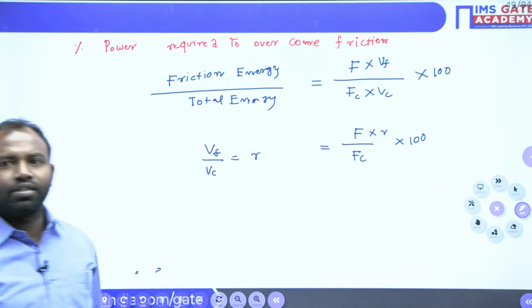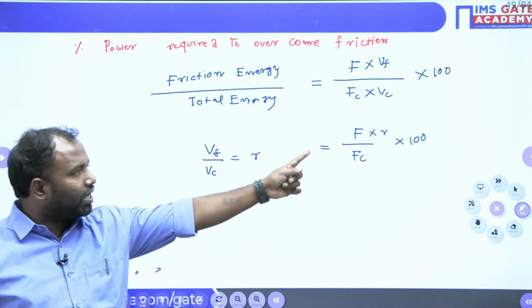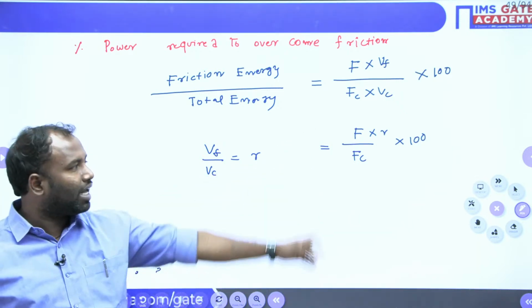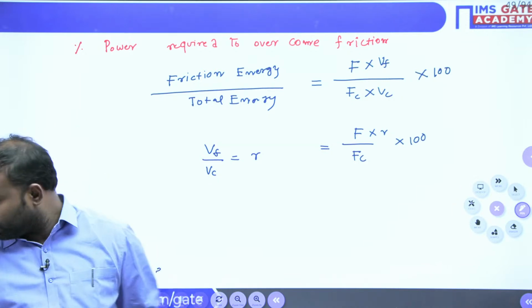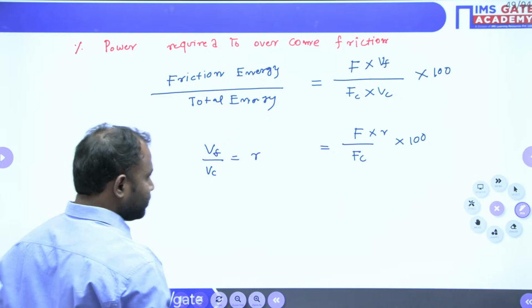Yes guys, F by Fc into r. Clear, everybody? Now let us calculate. Fc is given, F we have to find, and also r we have to find. So now let us calculate r. So r equals, what is that r?